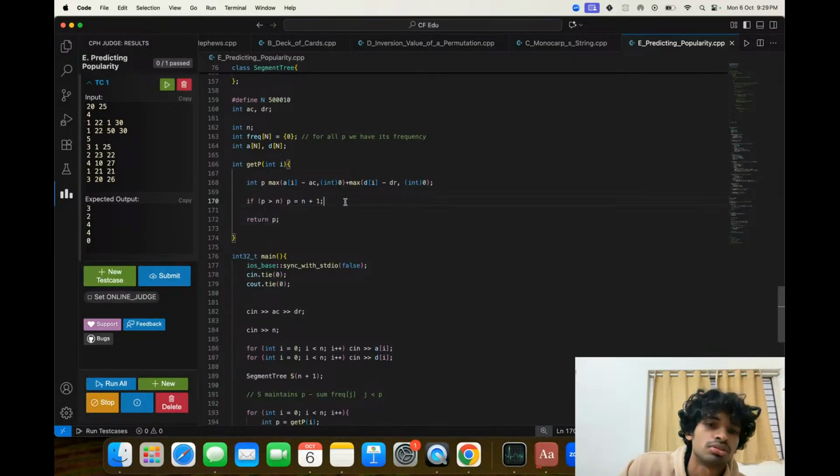So n plus 1 is impossible, right? Even n is impossible, because you want less than people, sum to be n. Okay.